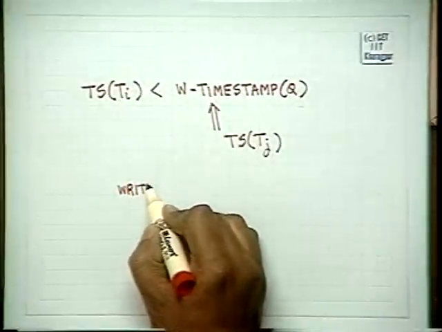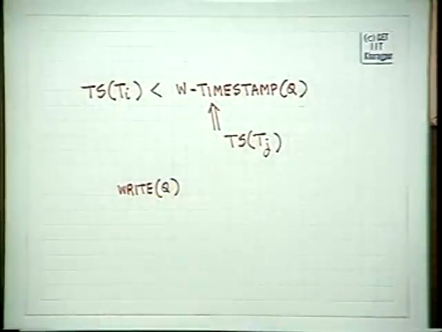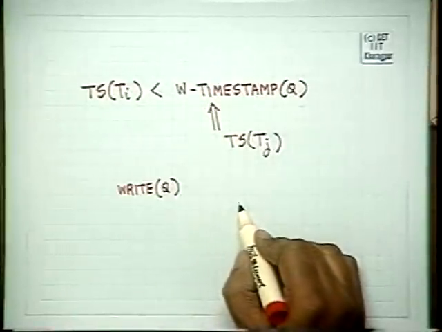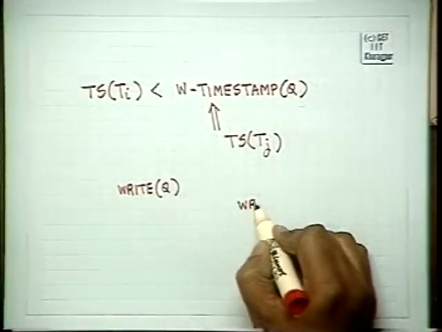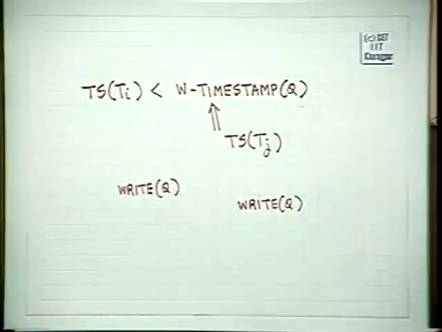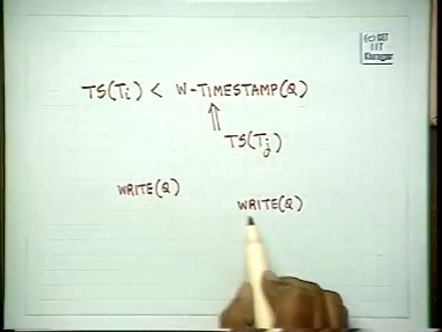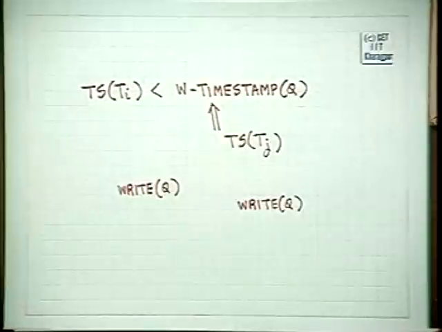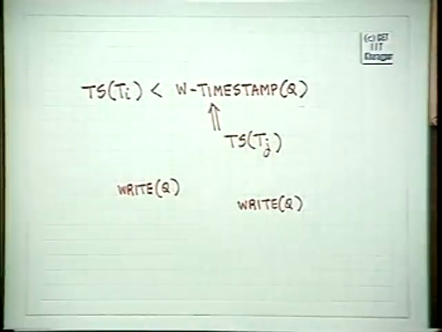Let us analyze the situation. TI has got a write queue somewhere. TJ has got a write queue somewhere. We want a conflict equivalent schedule in which this will write first and this will write second.